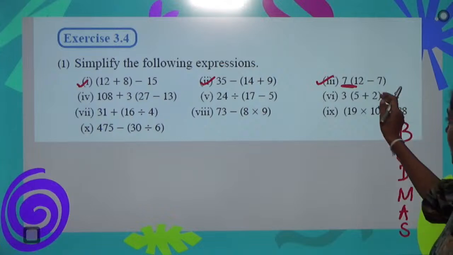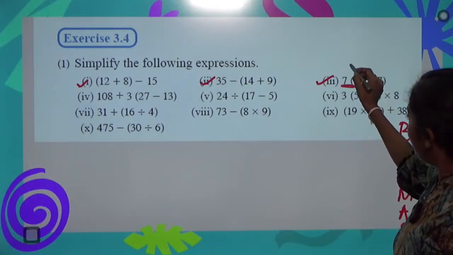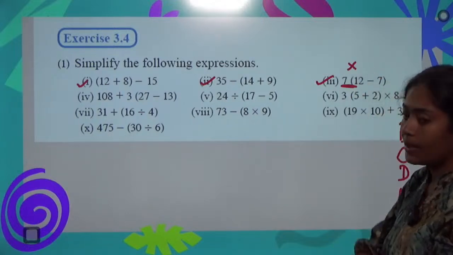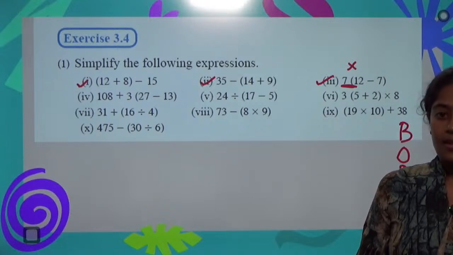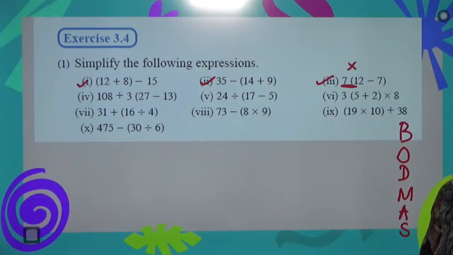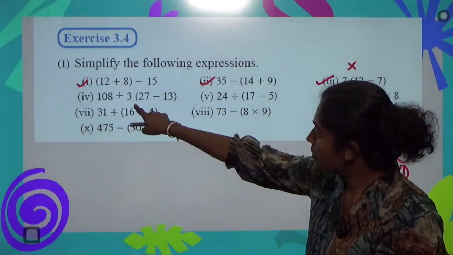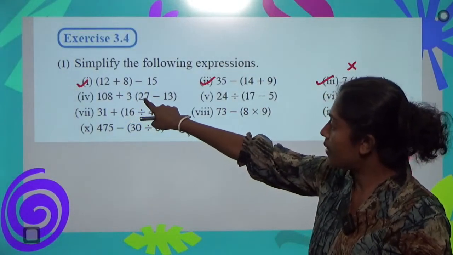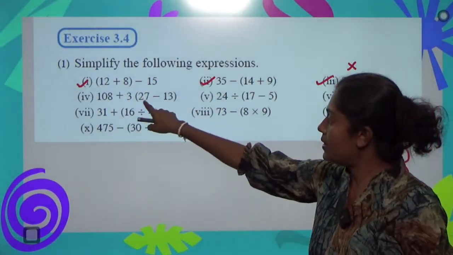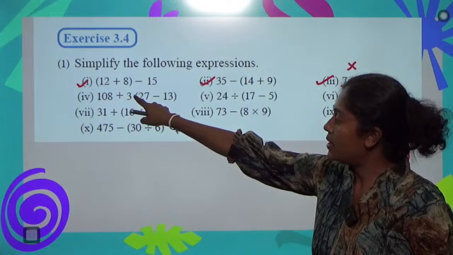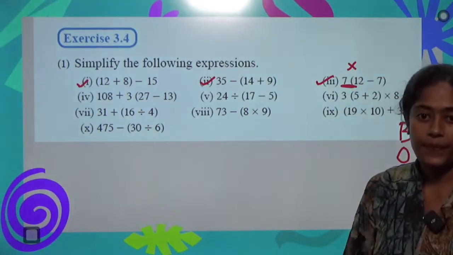When you get an expression like this, you have to understand the mathematical operation is multiplication. Here is another question, 3, then within brackets 27 minus 13. That means in between these two, 3 multiplication 27 minus 13 is there.